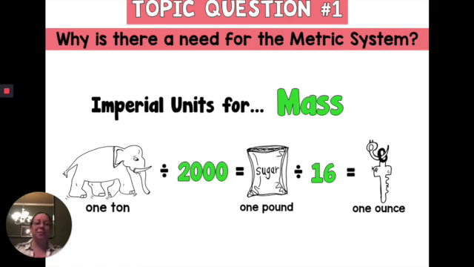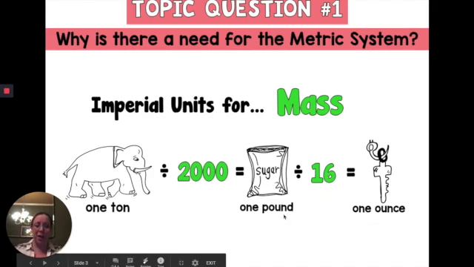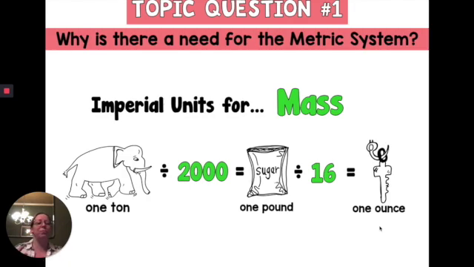So 16 ounces is 1 pound, 2,000 pounds is 1 ton. You could also go the other way and say 1 ton divided by 2,000 is 1 pound, 1 pound divided by 16 is 1 ounce. They all roughly convert to one another.